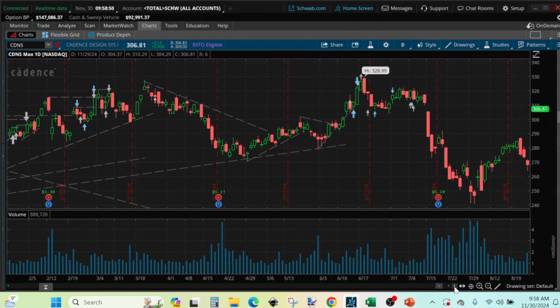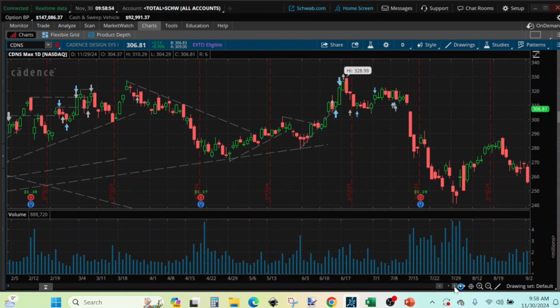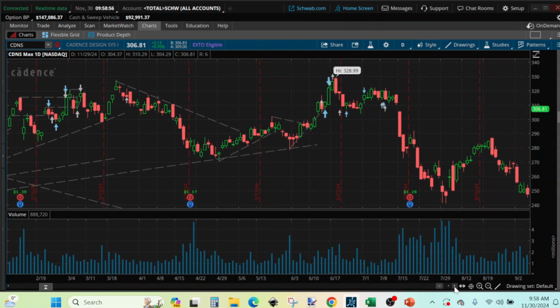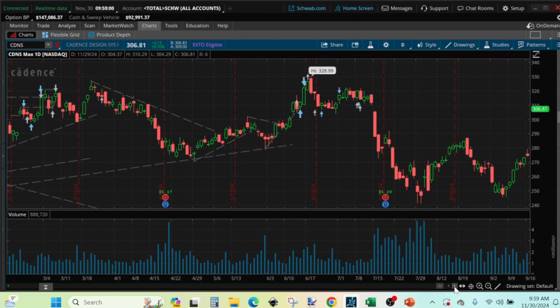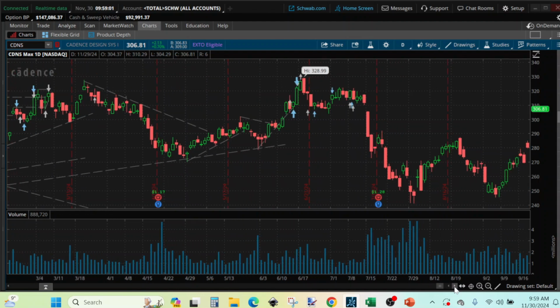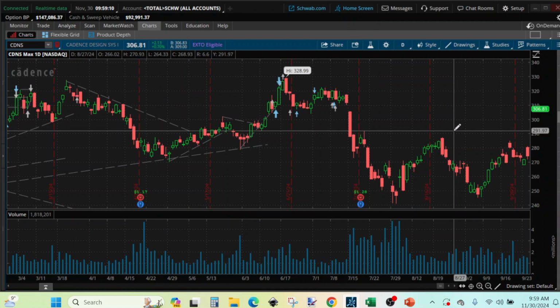and then it's going up, pulling back, going up, pulling back, and we won't be able to buy it until we sell it. And we can take a look at when we bought it, 318 around July.